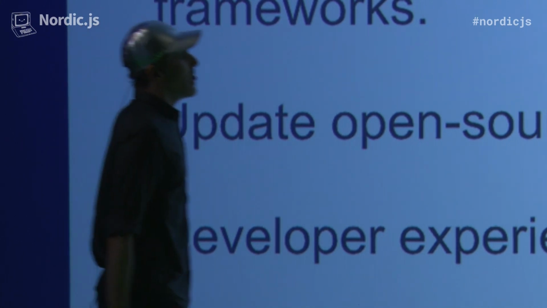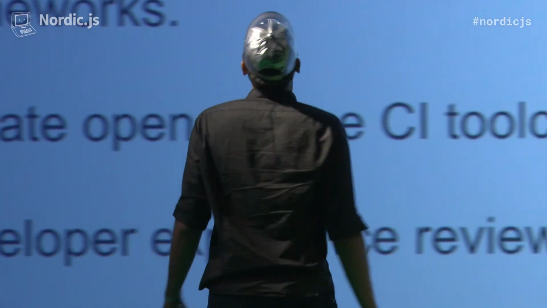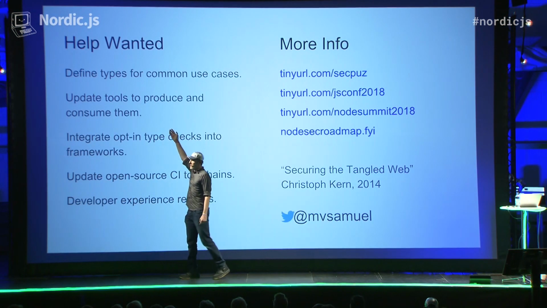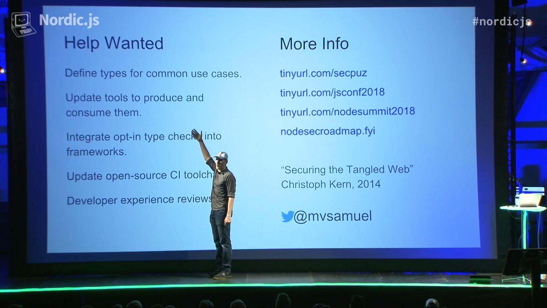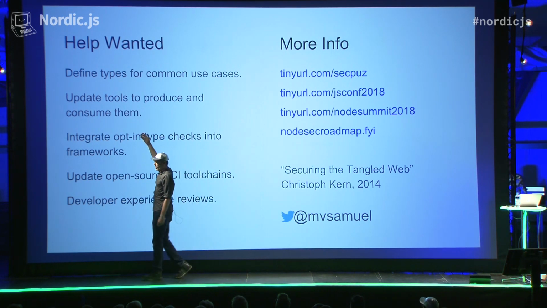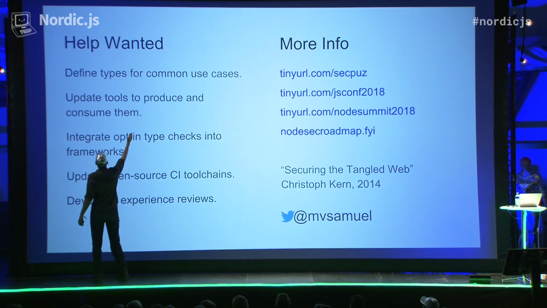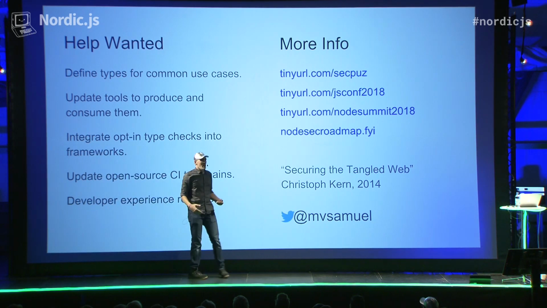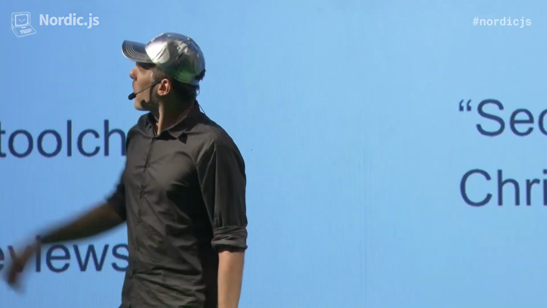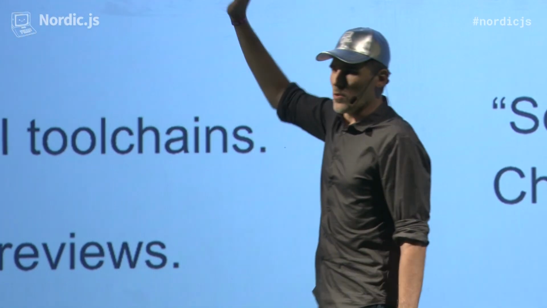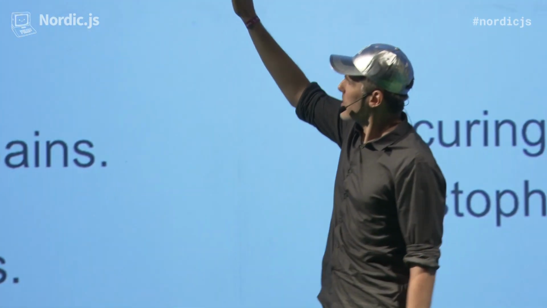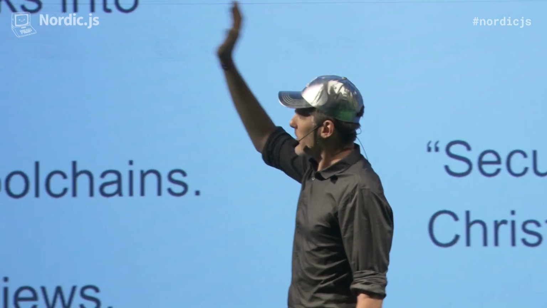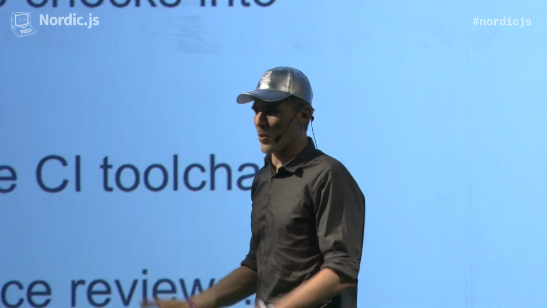So if anybody here is interested in doing things like, you have an idea for a contract type that solves a common use case, or you know of tools or are interested in updating tools to produce contract types and consume them, or you can do framework integration with opt-in type checks at critical places.